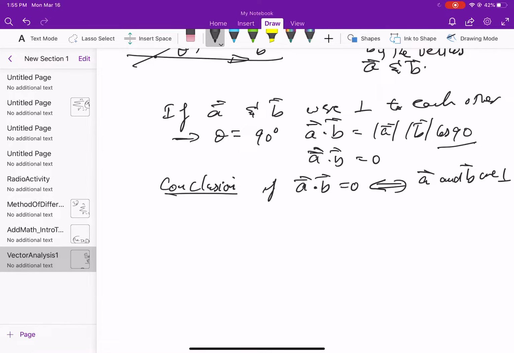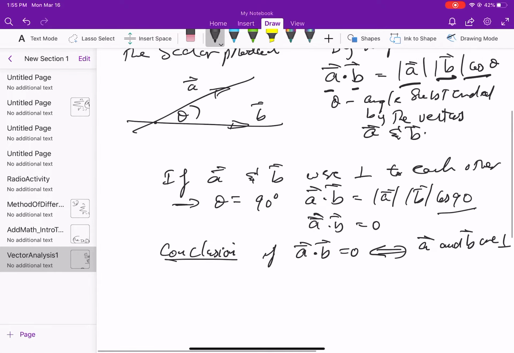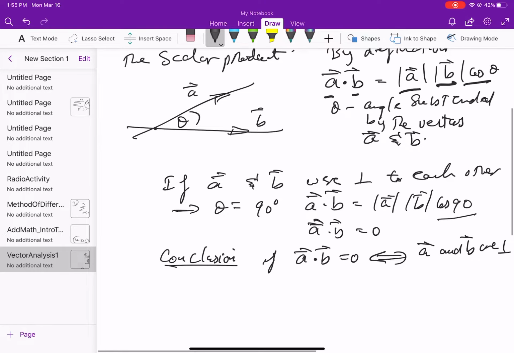Now the dot product, especially in 3 dimensions in which we were working, is more often used not so much to find A dot B, it's mostly used to find the angle between the 2 vectors.